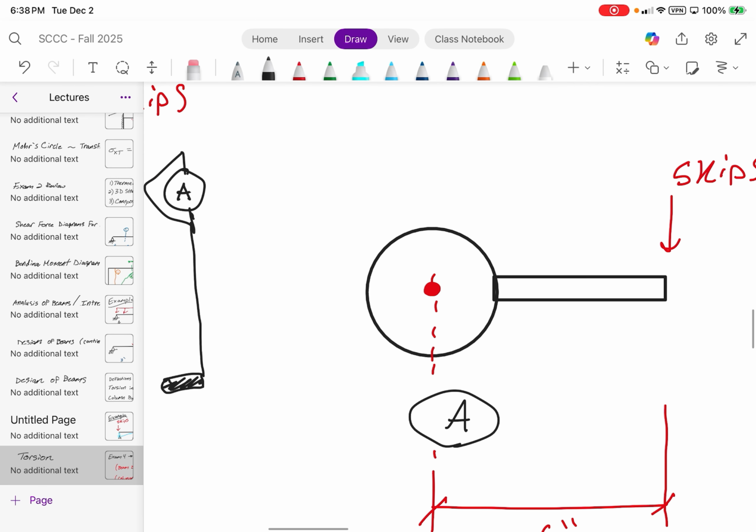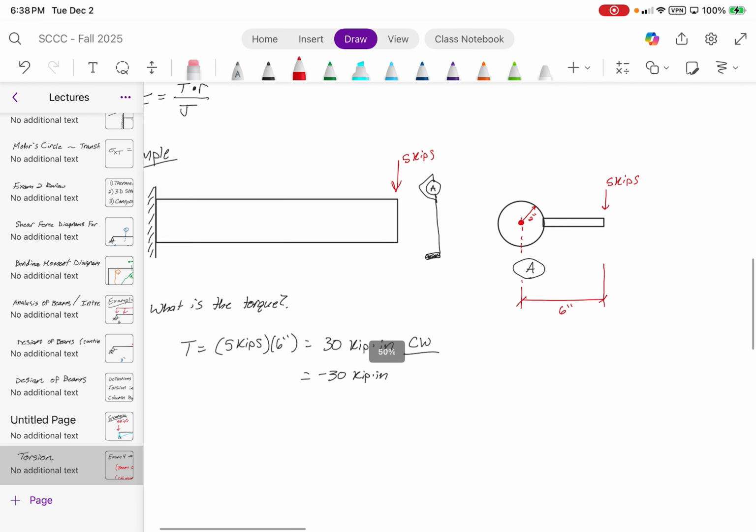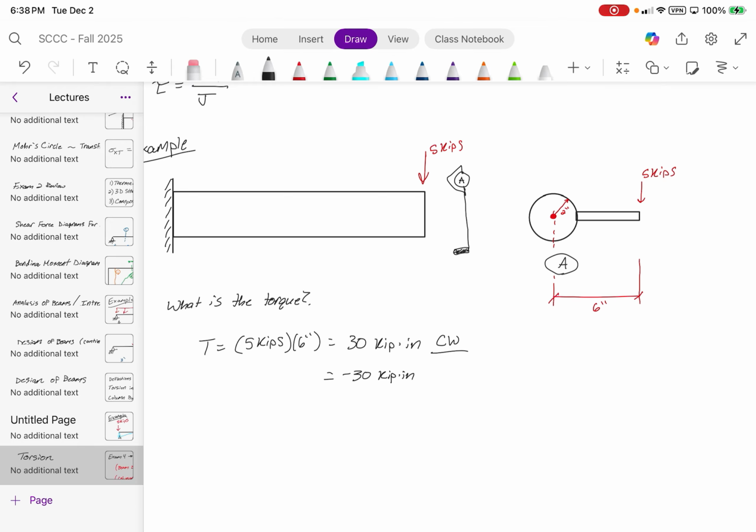Now, let's say that of the 6 inches, the rod, this radius here was about, I don't know, 2 inches. What I want to know, what is the shear stress now?